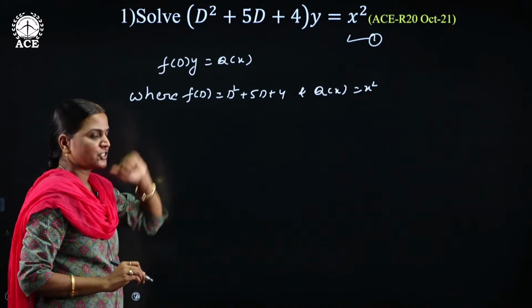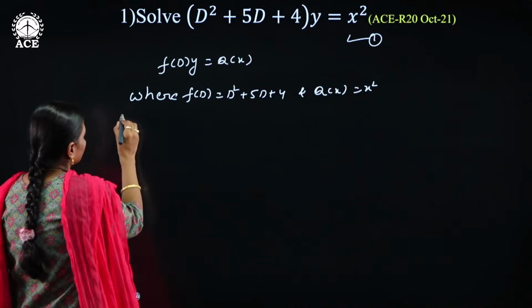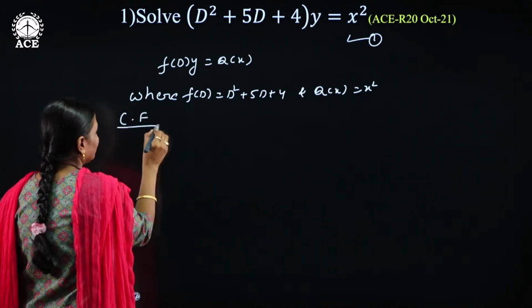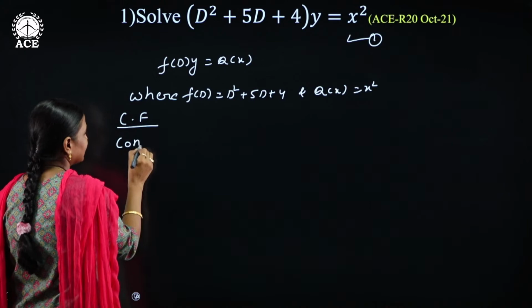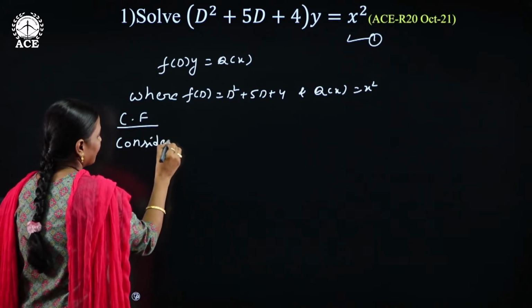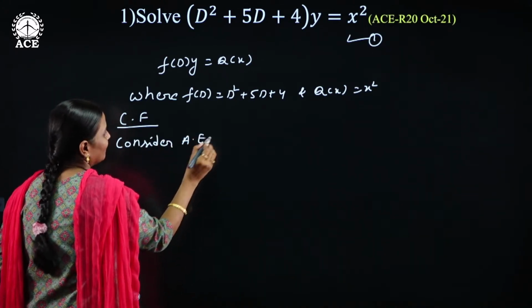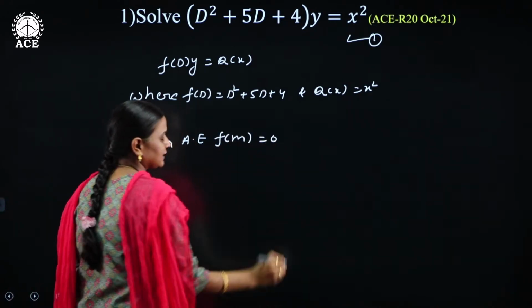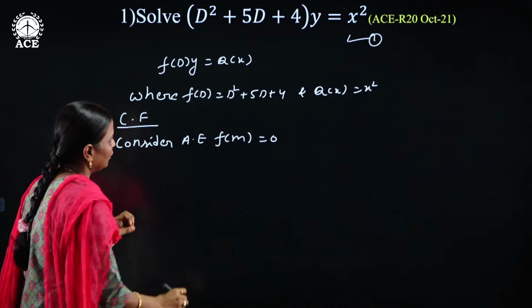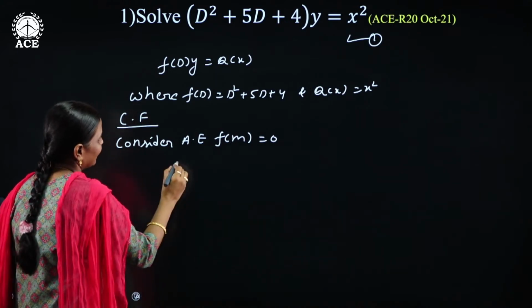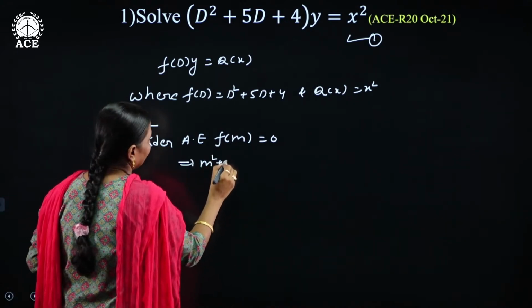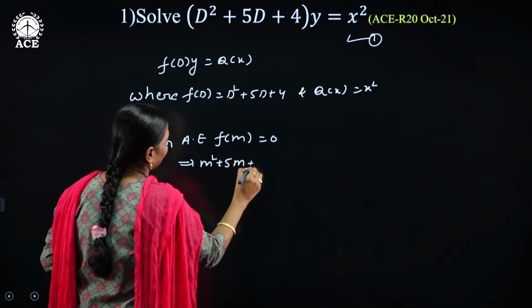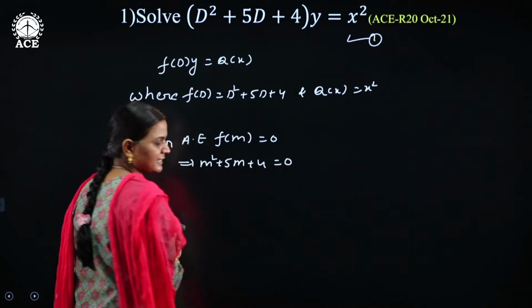Before that, first write the complementary function. To write the complementary function, consider the auxiliary equation. What is the auxiliary equation? f of m is equal to 0, that is m square plus 5m plus 4 is equal to 0.